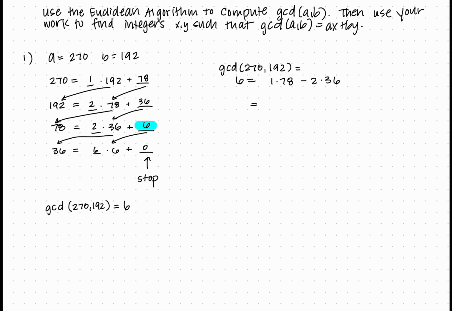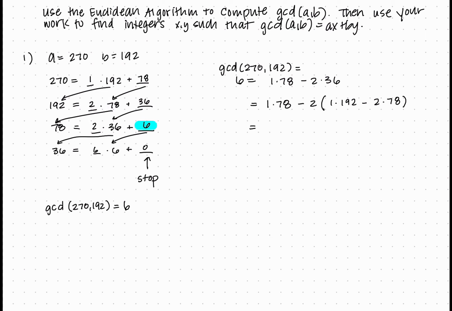So this is 1 times 78, I'm going to leave that alone, minus 2 times, and now I'll replace the 36 with 192 minus 2 times 78. Now where did I get that from? 36 I replaced with 192 minus 2 times 78.